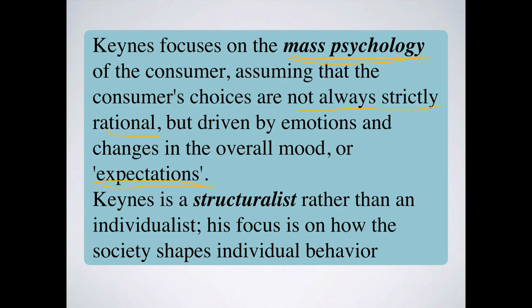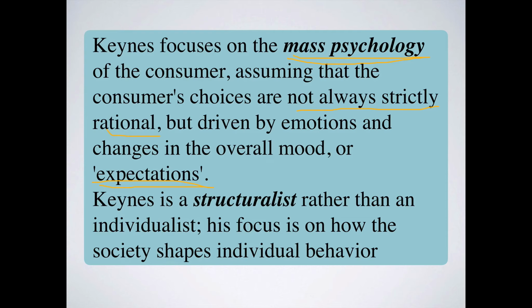Expectations means what people expect to happen, their view of the future. But Keynes is giving that a very different interpretation. He's saying people are a lot less rational than economic theory had thought. They're a lot more driven by their emotions, and also by what everyone else is doing. So this is why we use the term mass psychology to describe this.